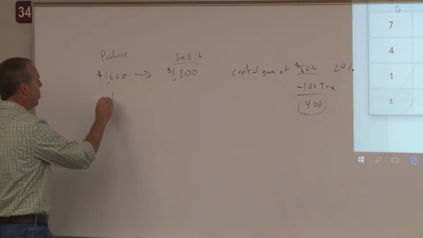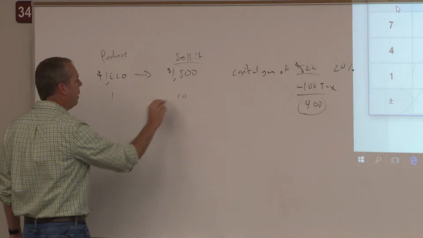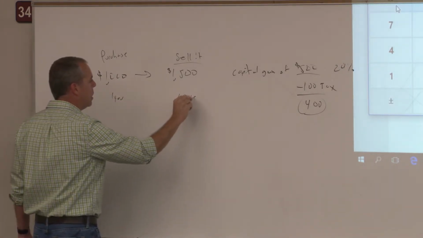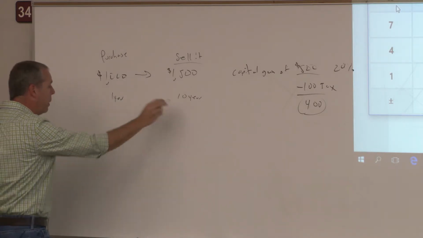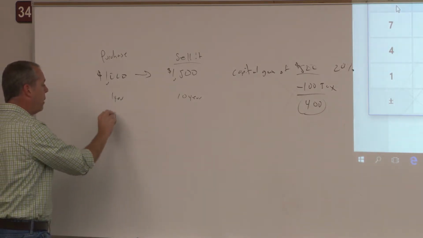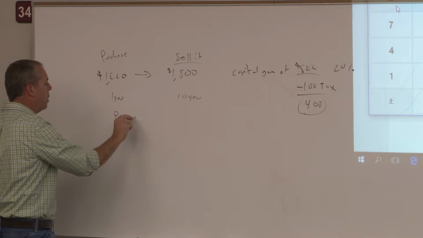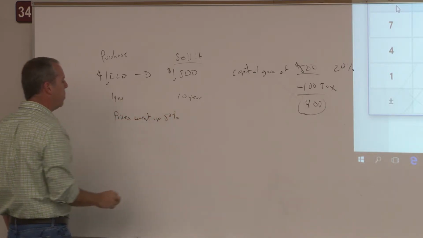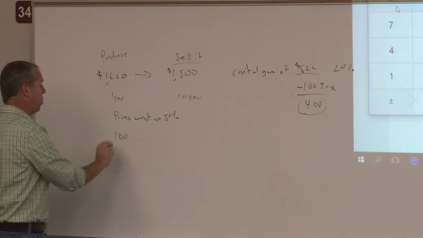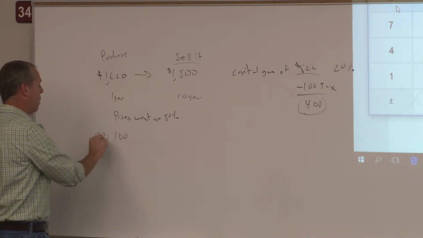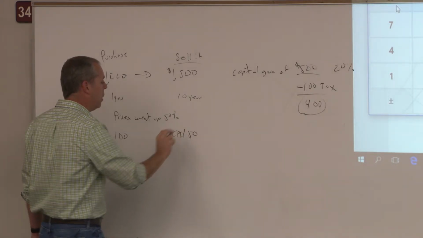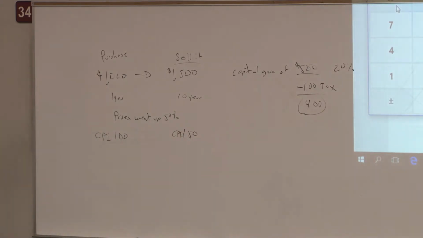Let's assume this is year 1 and this is year 10. And during this 10-year time period, prices went up 50%, right? So the price index was 100 here, and the CPI was 150 here.